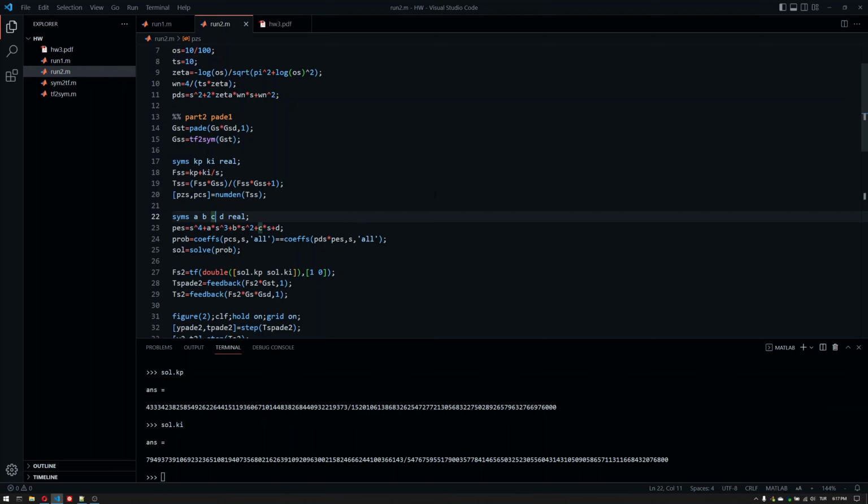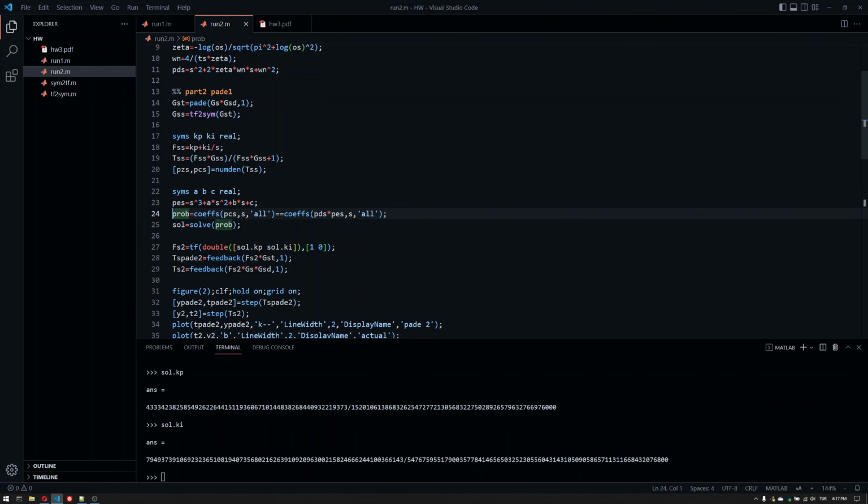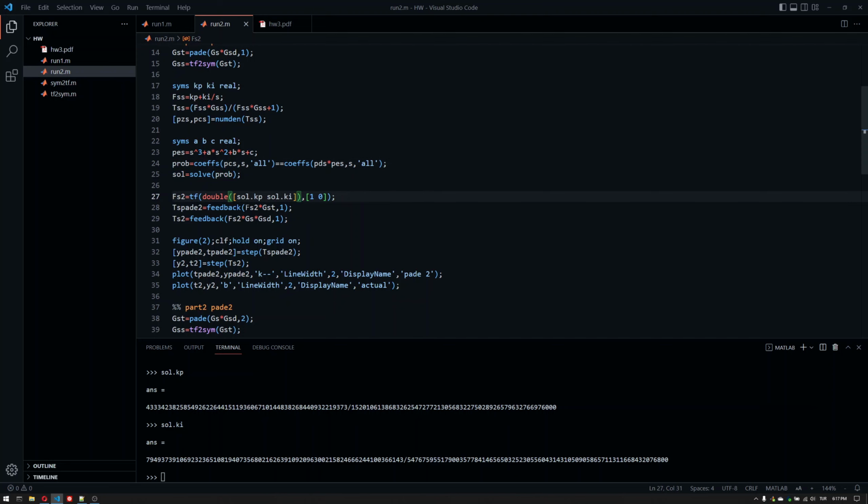The only thing that is going to change is I'm going to define S squared plus AS square plus ES plus C. There's no need for D. And then hopefully it will solve it. Then we will get FS1. Let's see. GST, TS Padé 1.